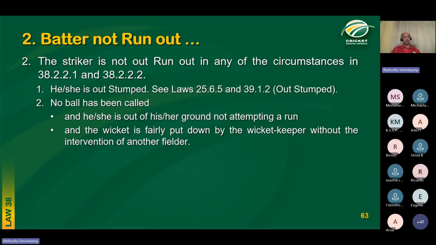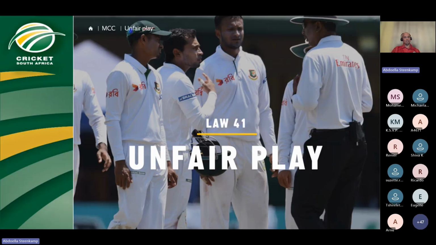Because of the no ball, we know a striker cannot be stumped off a no ball. There are only 3 ways to be dismissed off a no ball. Stumping is not one of those. So because of the no ball, the striker in my scenario cannot be stumped. Also, the law gives the striker immunity from being run out as long as the striker was not attempting a run and the wicket was fairly put down by the keeper without the intervention of another fielder. Those are the 3 ways where a batter is not out run out.